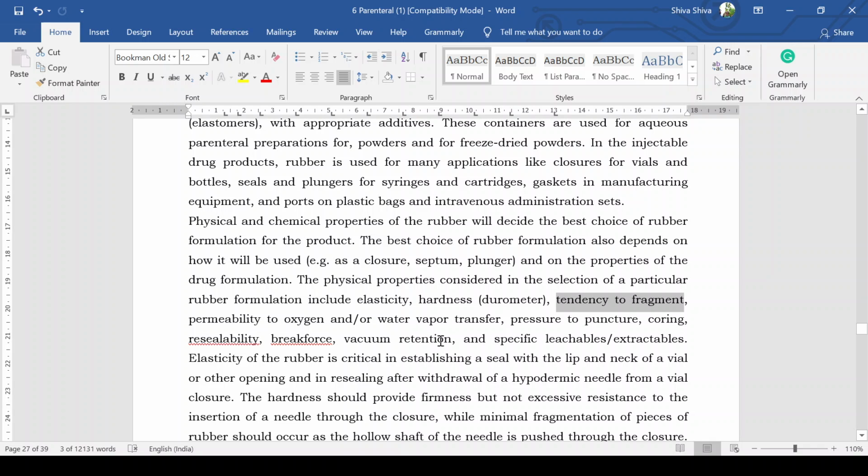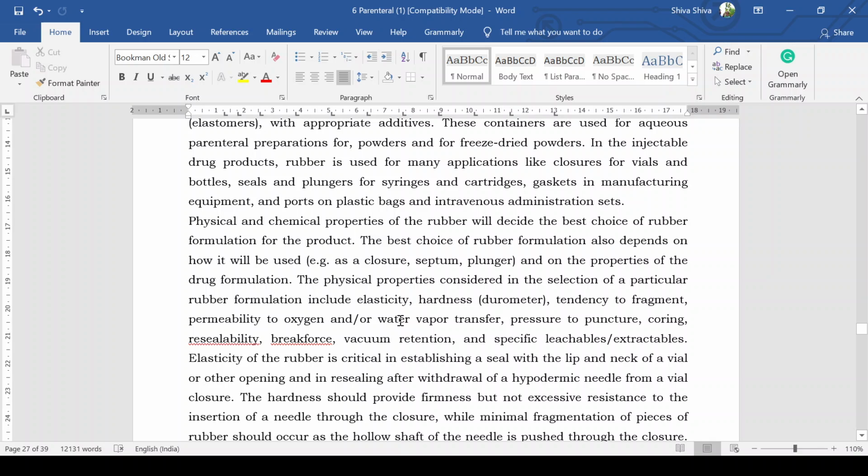So sometimes what happens when the physician inserts the needle through this rubber into the vial, along with that needle, sometimes particulate matter from that rubber also gets incorporated into the parenteral product. This should not happen. So tendency to fragment should be less.